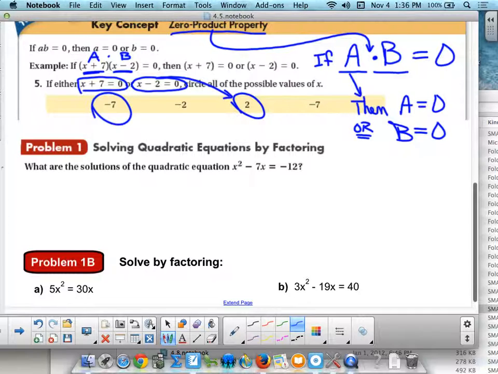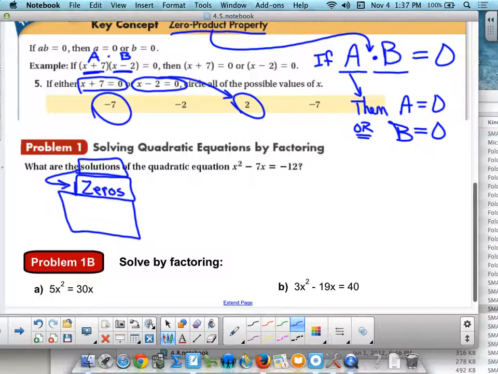Okay, here we go. What are the solutions of the quadratic equation right there? Well, here's the deal. I got to tell you something about math. Math has a whole bunch of words that mean the same thing. If you're looking for solutions, you're also looking for what? Zeros. Find the zeros and you'll get the solutions. Guess what?